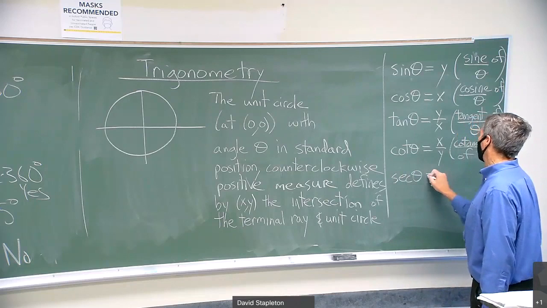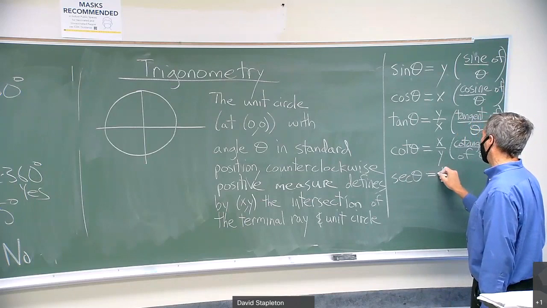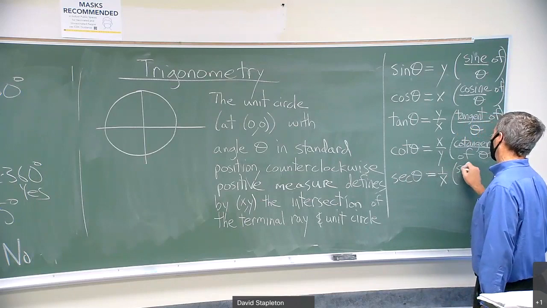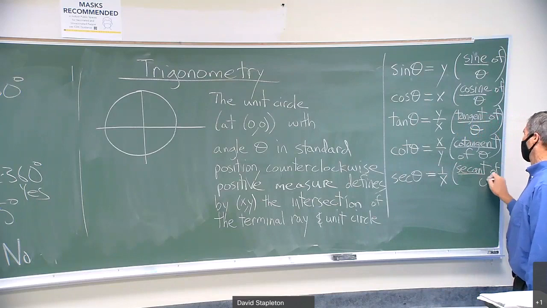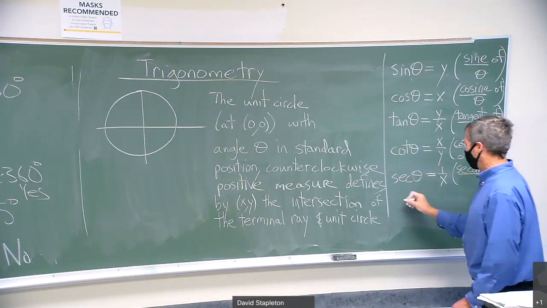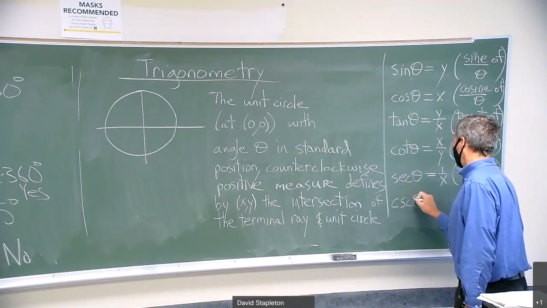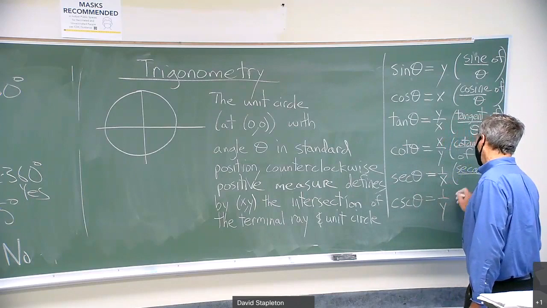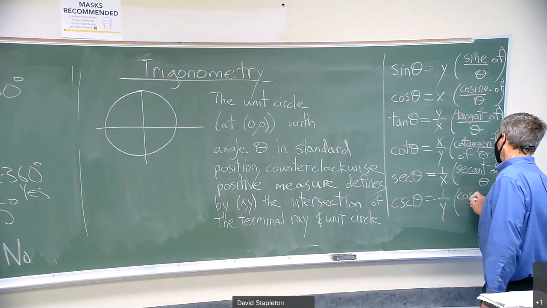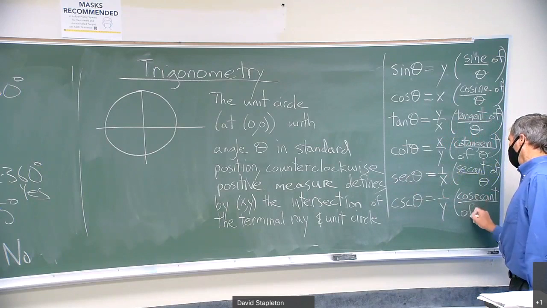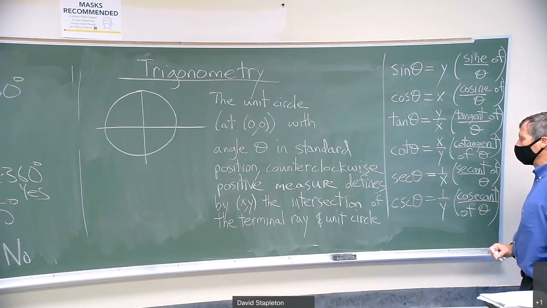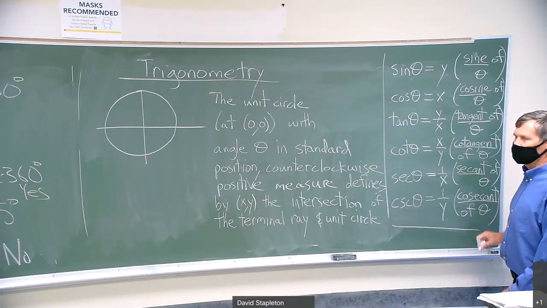SEC theta stands for secant of theta, that's 1 over x. And then finally, CSC theta, 1 over y, called the cosecant of theta. So there's 6 basic trig functions, and those are their definitions.